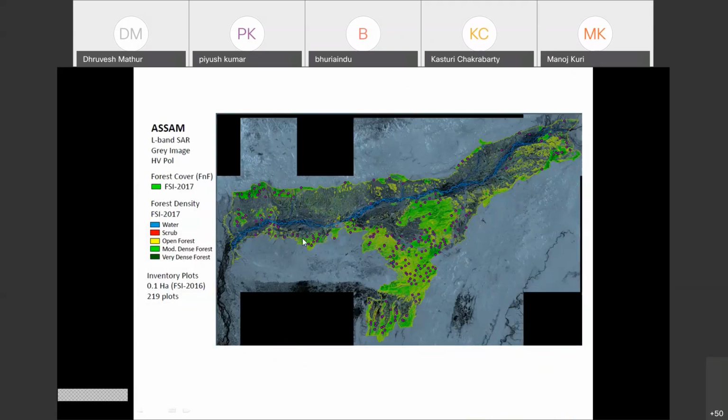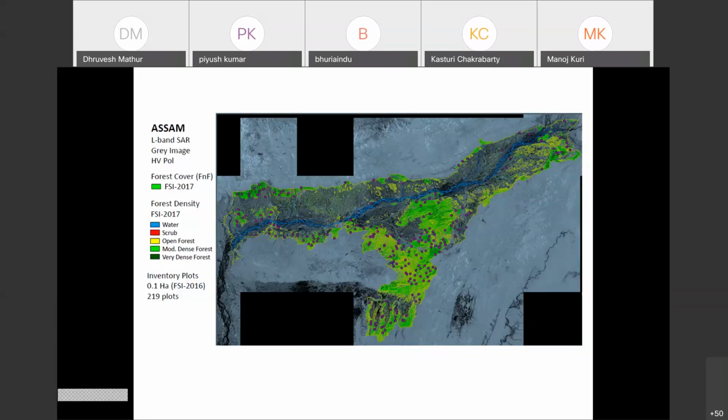Here, these green colors that you are seeing are actually the forest density map taken from the Forest Survey of India, and this is used for distribution of the sample points within the area. So using the sample plots, we get information using the inventory points.